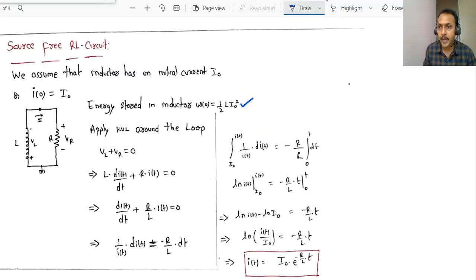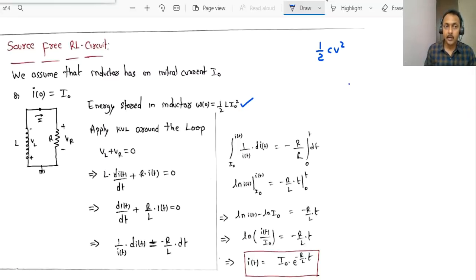Just like for the capacitor, the energy stored is half C V square. Just like a capacitor does not allow sudden changes in voltage, an inductor does not allow sudden changes in current.